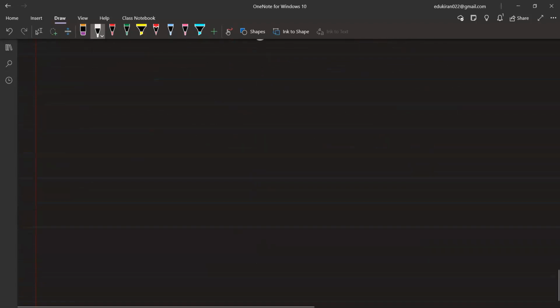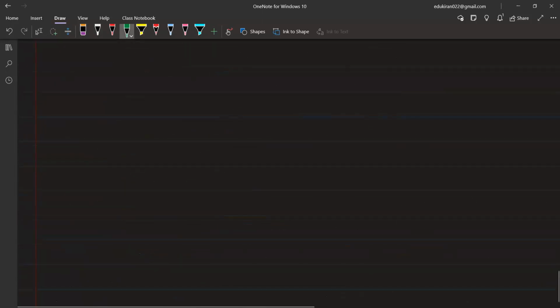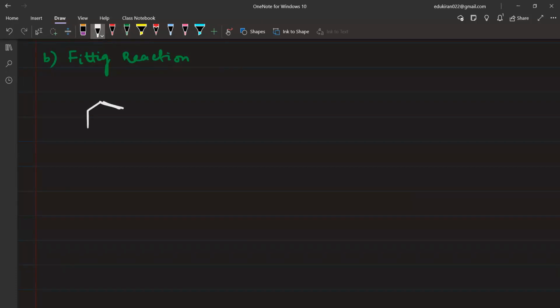Moving on, Wurtz-Fittig reaction, B part. Wurtz-Fittig reaction is very easy. We take a haloarene with a halogen atom, plus we take an alkyl halide, RX.